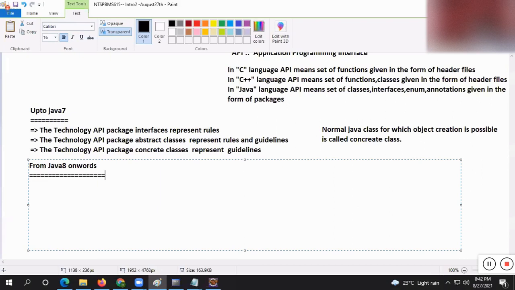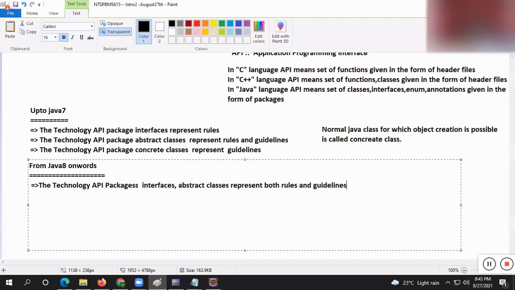The technology API package is classes, interfaces, comma, abstract classes. They represent both rules and guidelines.